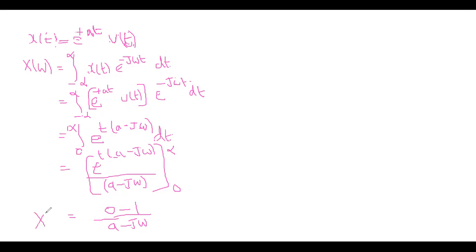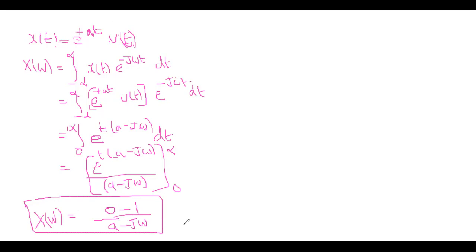So X of omega is equal to, for e power plus at mu of t, the function is minus 1 by a minus j omega.